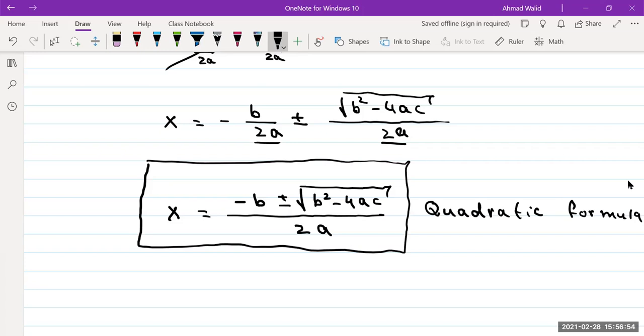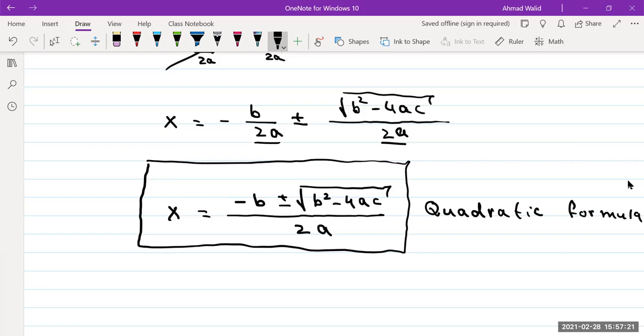In this formula, a, b, and c are numbers, correct? When they give you a quadratic equation, any equation, just plug a, b, c into your formula, and at the end, you always get your answer. Any quadratic equation can be solved by this formula.